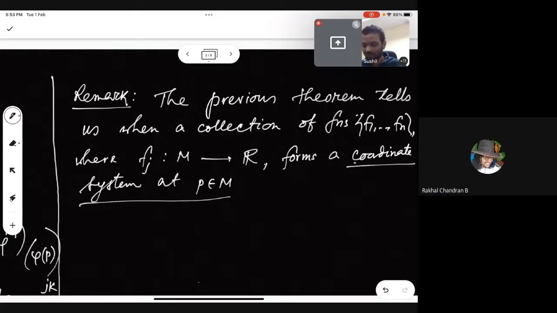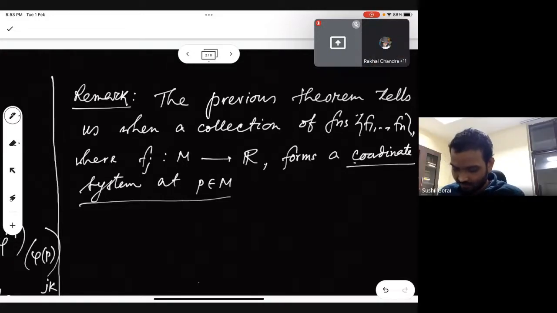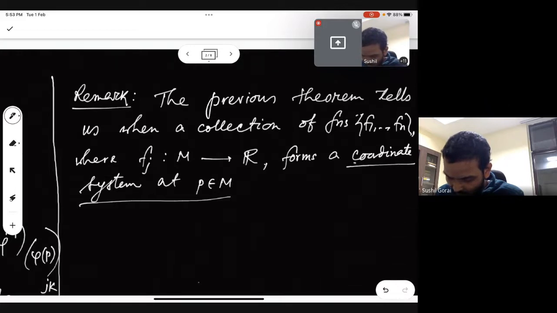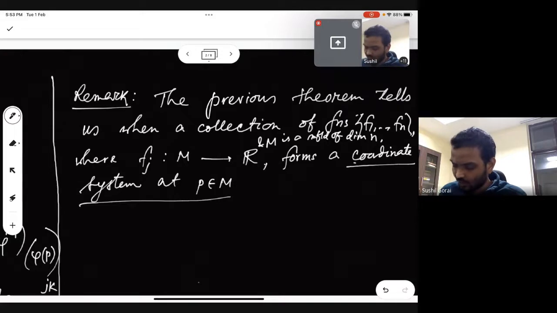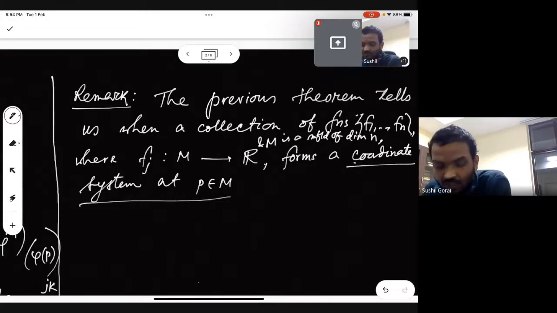So here M is a manifold of dimension n, the number n is the dimension. Another question?